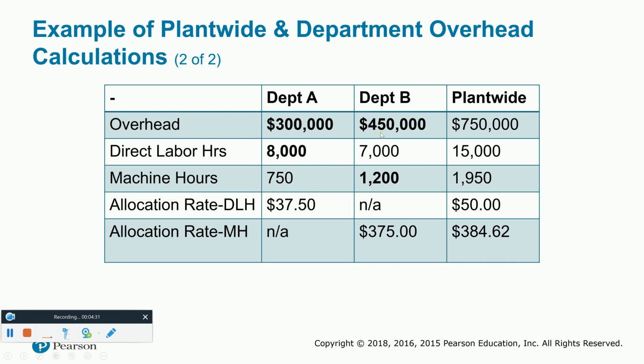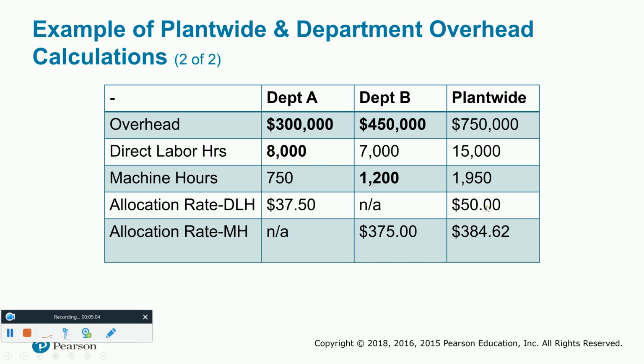But for Department B, a total of $450,000, we said that the best allocation method was machine hours. So if you take the $450,000 divided by 1,200, you get $375 per machine hour. Now, plant-wide, what is our overhead? It's the total, or $750,000. We have 15,000 labor hours, the total of the two departments, and we have 1,950 machine hours.